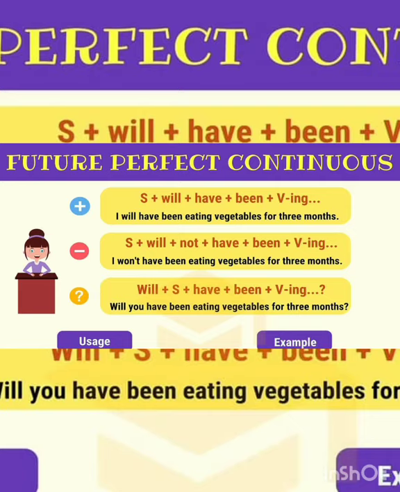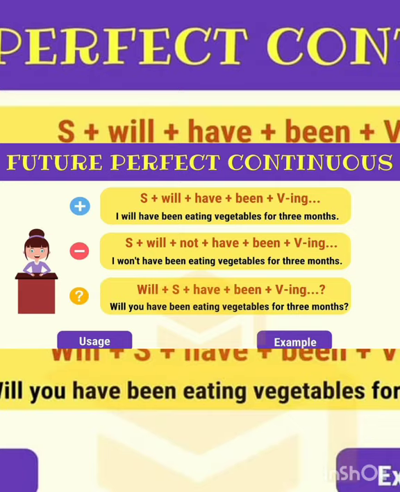Remember, this ing in all the tenses, whether it is in present tense or past tense or in future tense, in present continuous tense and in present perfect continuous tense, we are adding ing to the main verb. And then in past continuous tense and in past perfect continuous tense, we are adding ing to the main verb.